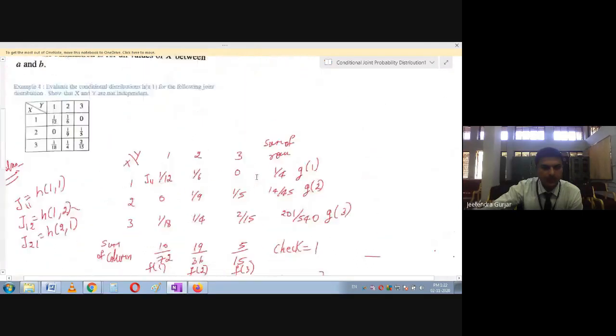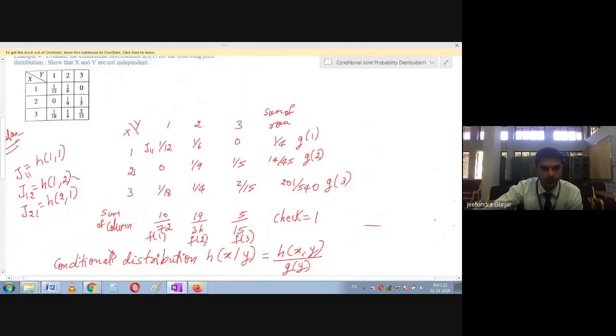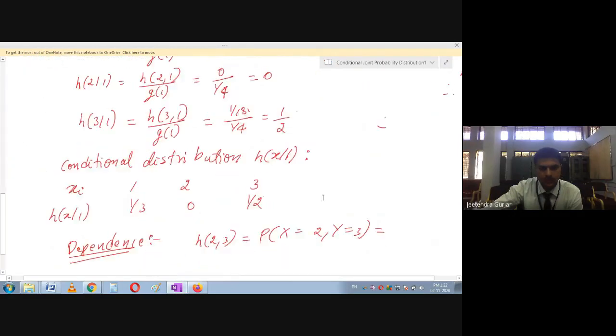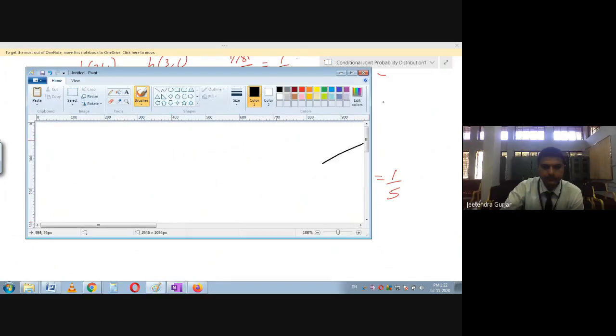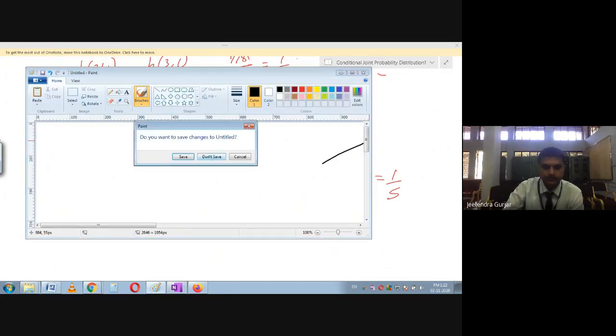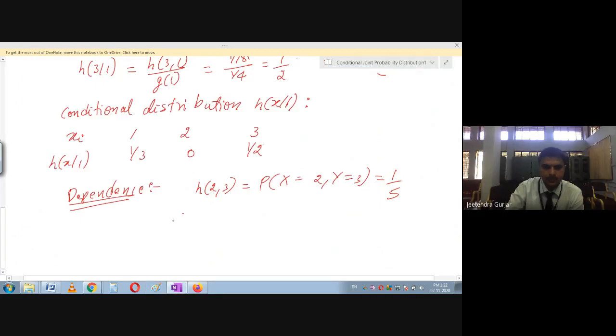So h(2,3), sorry, 1 upon 5. So substitute here 1 upon 5. Okay, now you can see we have to find here that h(x,y) will be equal to f of x into g of y.